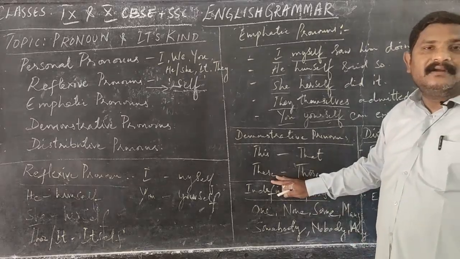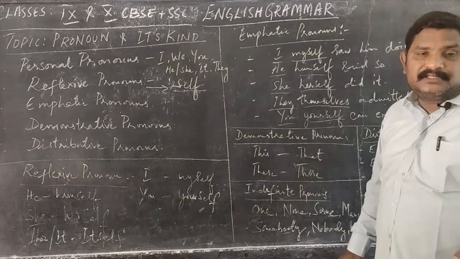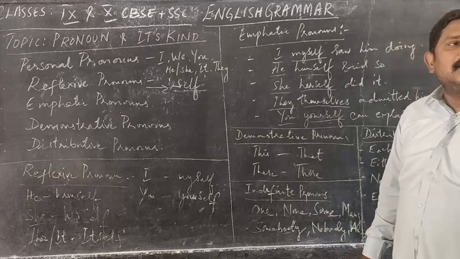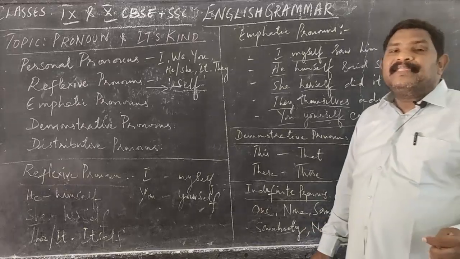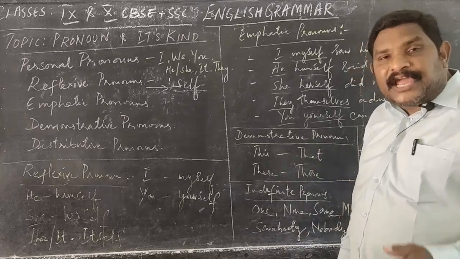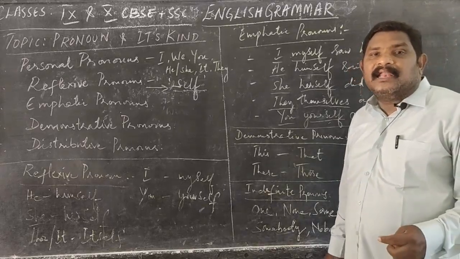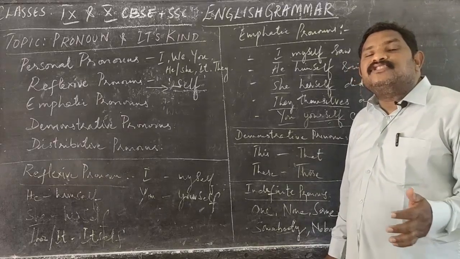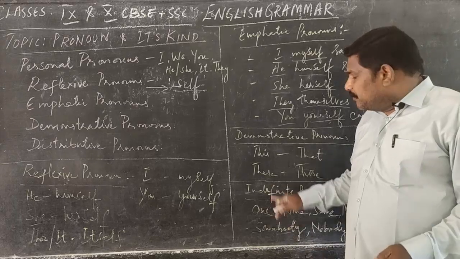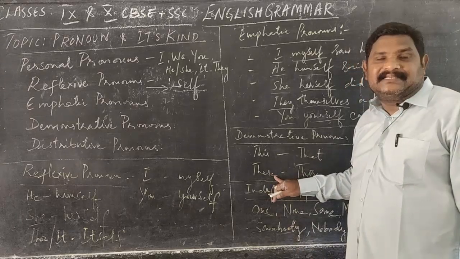These are the ones which are nearer. Normally, these books are fine, these clothes are good, these tables are okay. Like that, the objects which are nearby in plural form we can refer to with these.